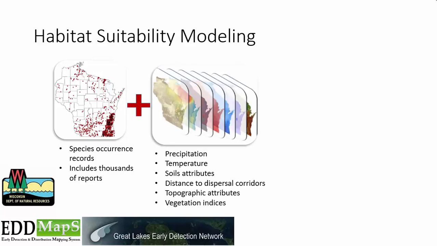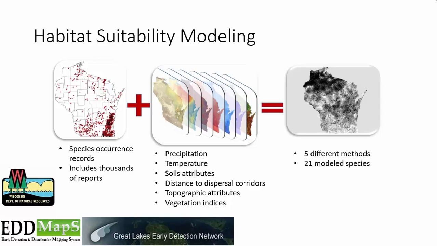What we do is we take those occurrence records and we combine them with what we think are good predictors of suitable habitat across the state. And these can range from climatic factors to soil attributes, distance to roads and waterways, as well as things like topographic attributes such as elevation and slope.